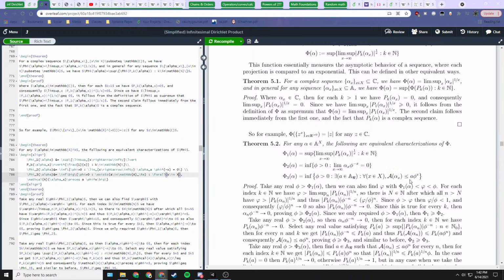The problem with this third characterization is that it's possible that despite having a finite phi value, our alpha sequence is unbounded, locally unbounded. That's going to be a problem for us.